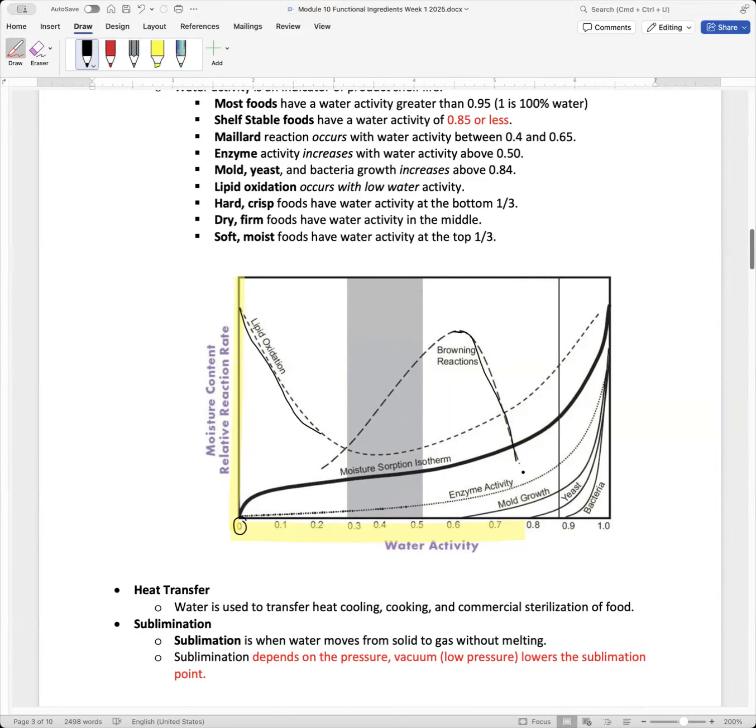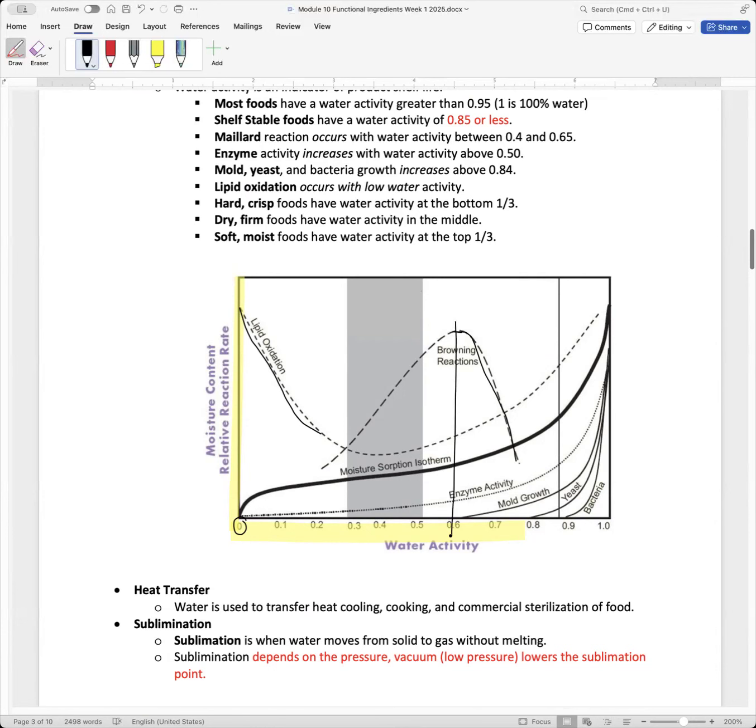That's a dry heat. But if we're making a stew or a pot roast, we have a lot of water, then there's no browning or very little browning occurs. So we know that at a water activity of about 0.6 is where maximum browning occurs.